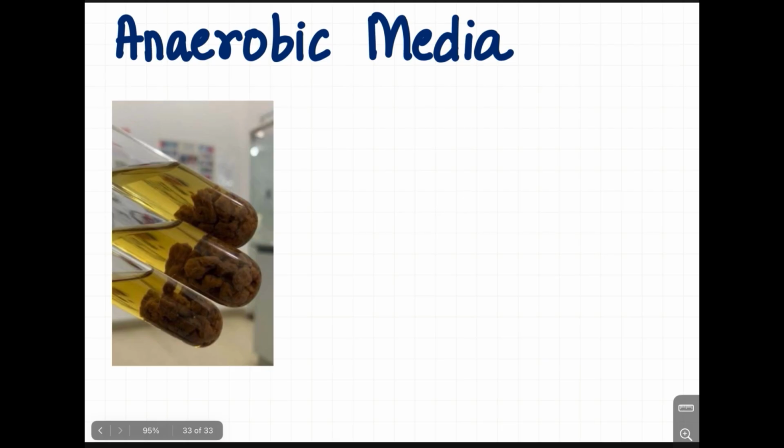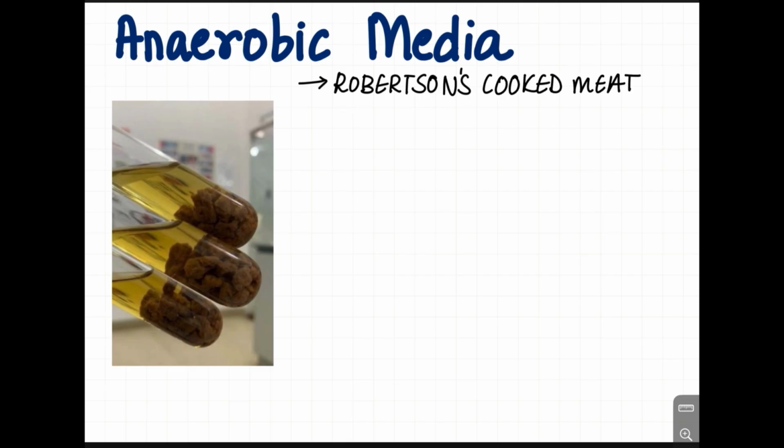Now anaerobic media. The first name that should come to your mind is Robertson's cooked meat broth. If you see any bottle or test tube containing a little bit of yellowish, oily medium along with some pieces of meat in it, it is Robertson's cooked meat broth. It is mostly used for Clostridium. It can also differentiate between Clostridium tetani and Clostridium perfringens.